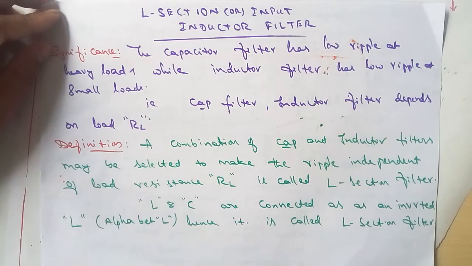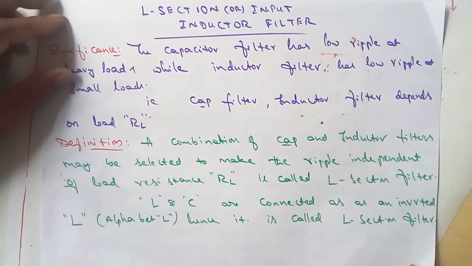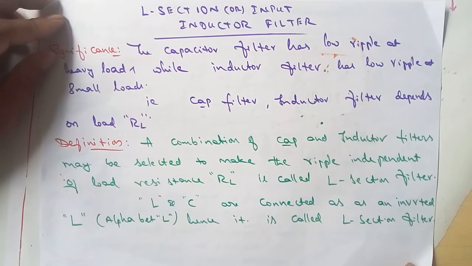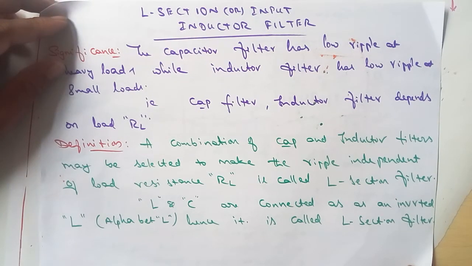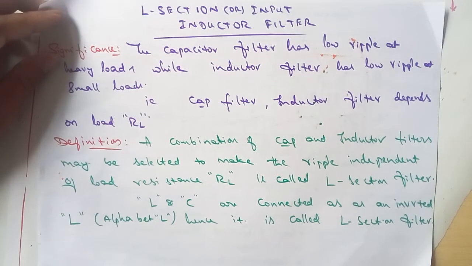When we consider the bridge rectifier, that is the full wave rectifier, the output consists of both AC and DC, which is called pulsating DC. In that pulsating DC we require only the DC, we don't want the AC component. That AC component is extracted by a device called the filter.